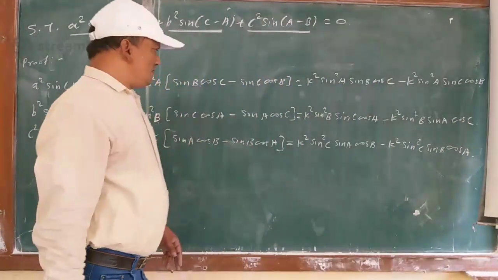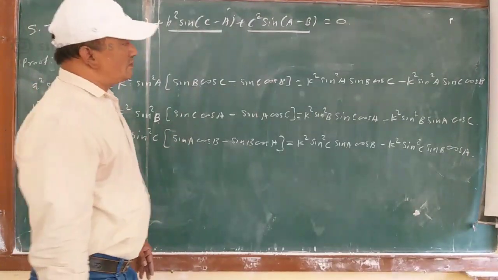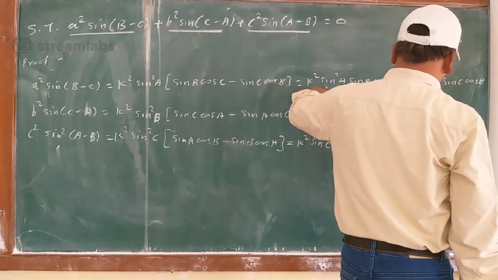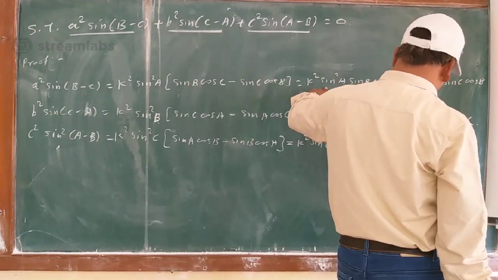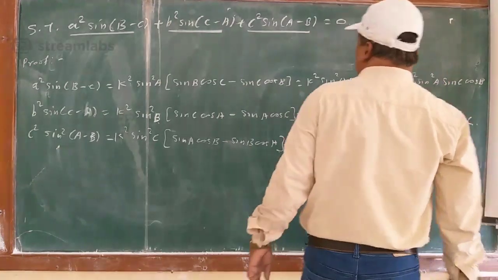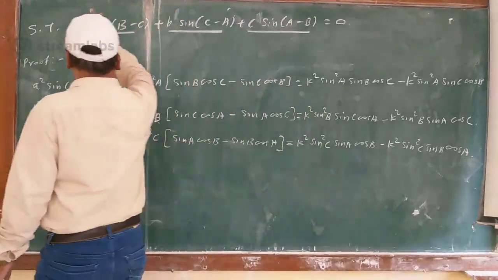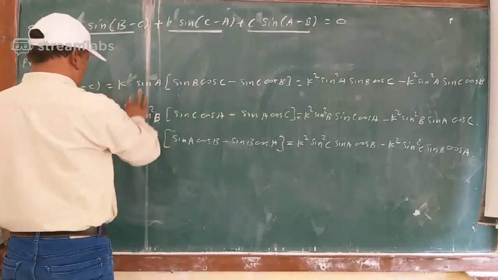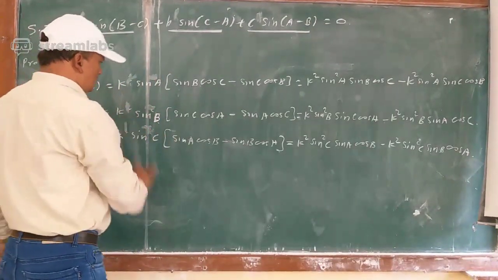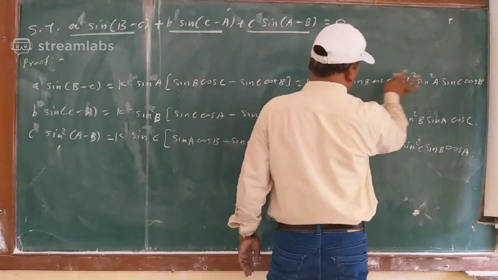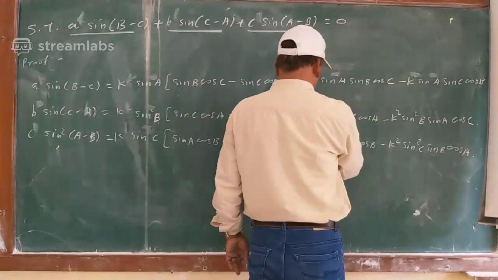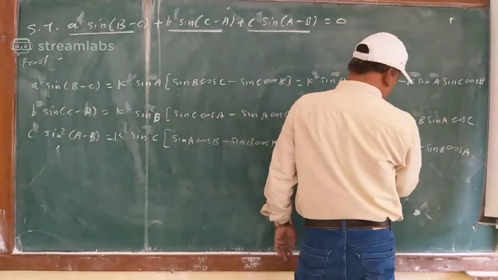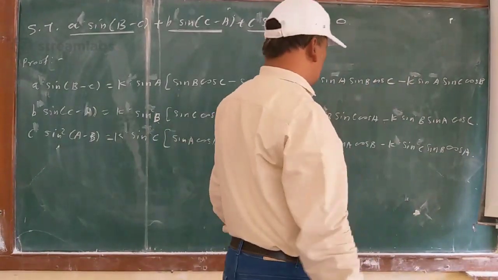And after this, the addition of these three terms. See, here it is not square, here it is only ABC. Squares are not there. Remember, no square term is there in the problem also.